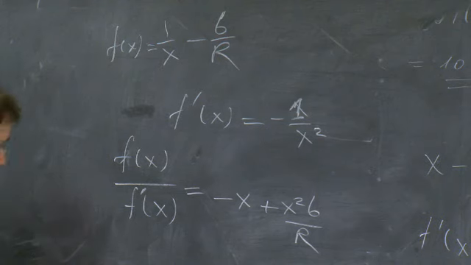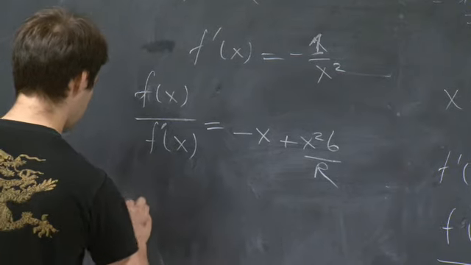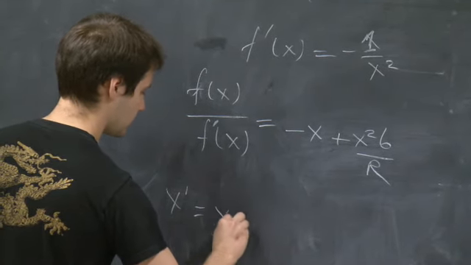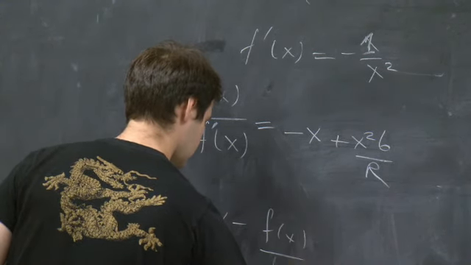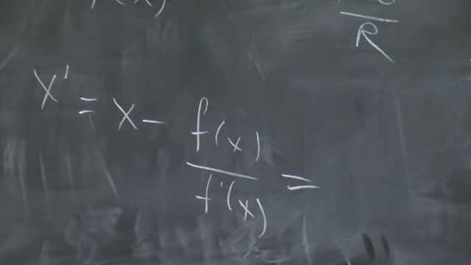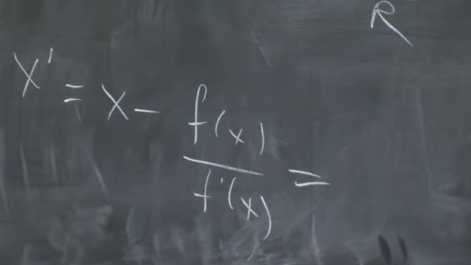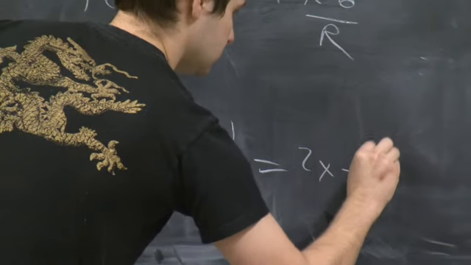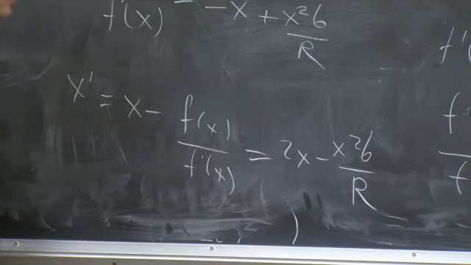OK, so if I have my initial guess, so if I want to get x prime, it is x minus f of x over f prime of x, right? So what is it? OK.